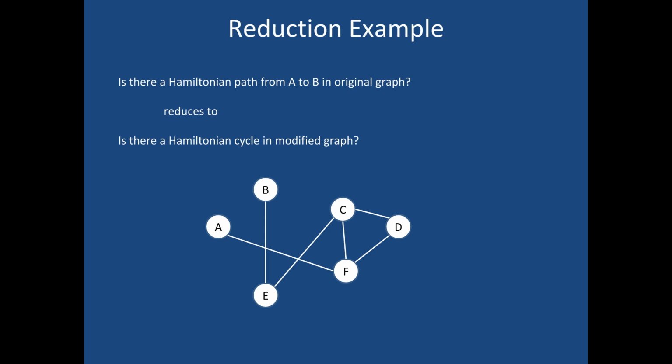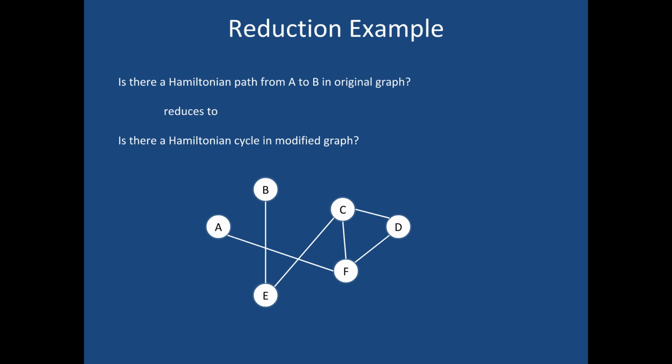So the question becomes, let's say you want to find out, is there a Hamiltonian path in this graph? How could you use a Hamiltonian cycle program to answer the question for you? How could you trick Hamiltonian cycle into finding a Hamiltonian path? Maybe add a temporary edge between your start one and the destination.